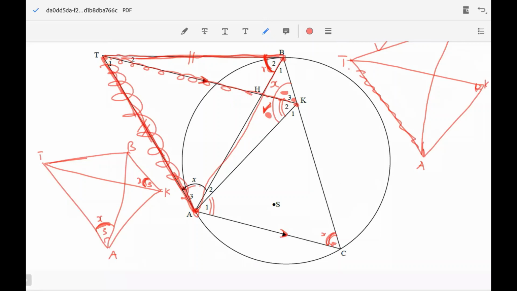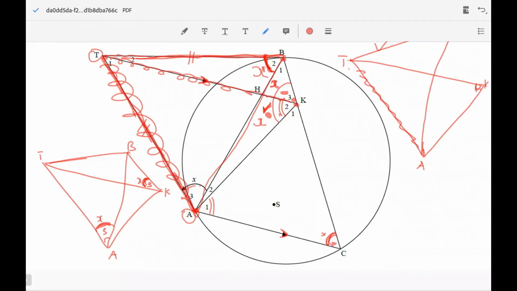So B2 is X because it is equal to C, and B2 is equal to K2, angles in the same segment according to chord TA. Now you can see that K2 is X and K3 is X, and therefore it proves that our TK is bisecting those two angles.